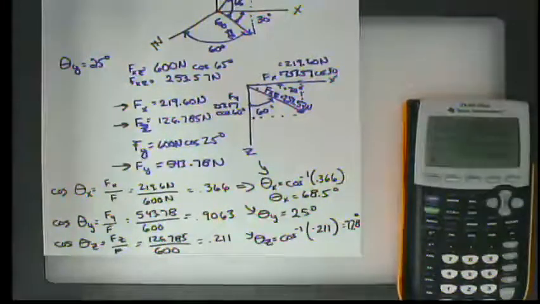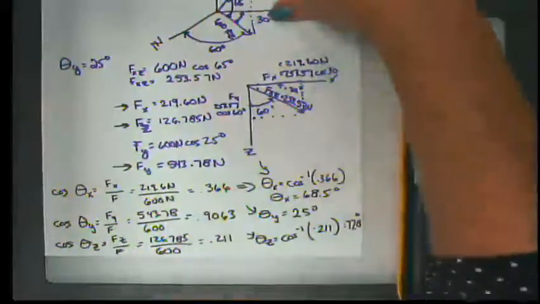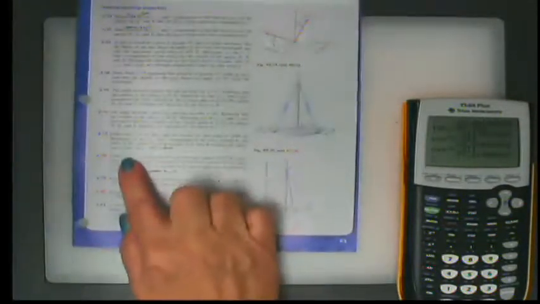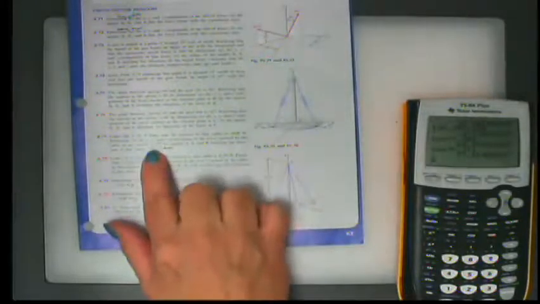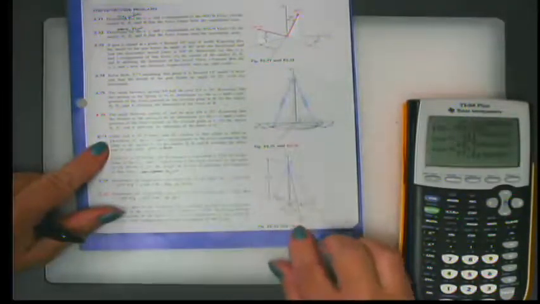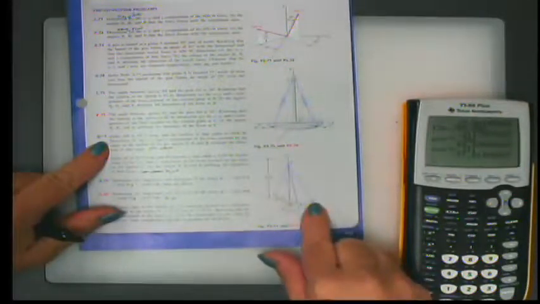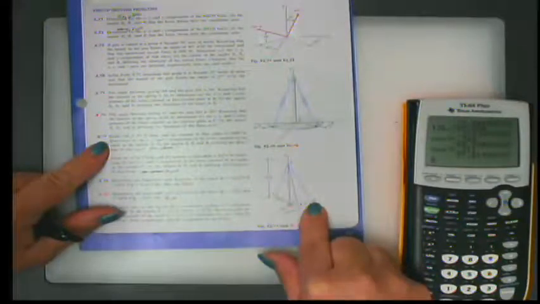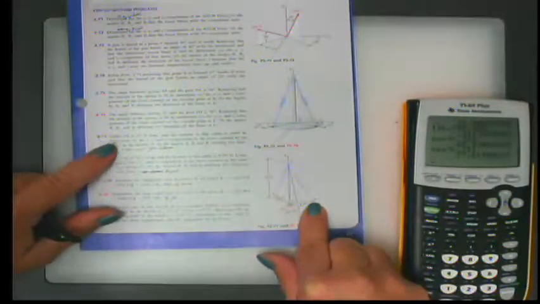All right, the next problem I would like to work is 277. And 277 in your textbook says we have a cable AB and it is 65 feet long. We're told that the length of that cable is 65 feet and the tension is 3,900 pounds.